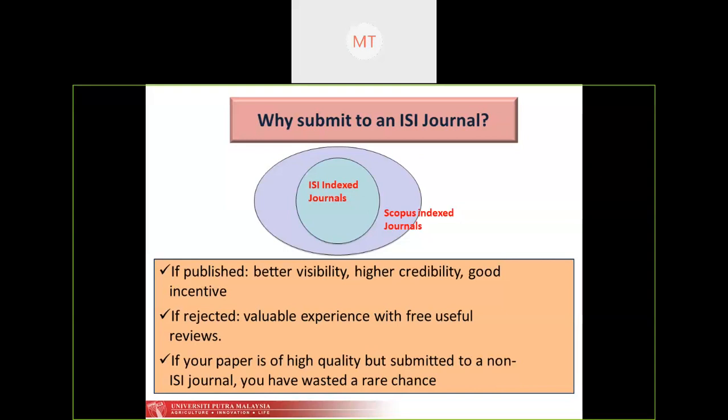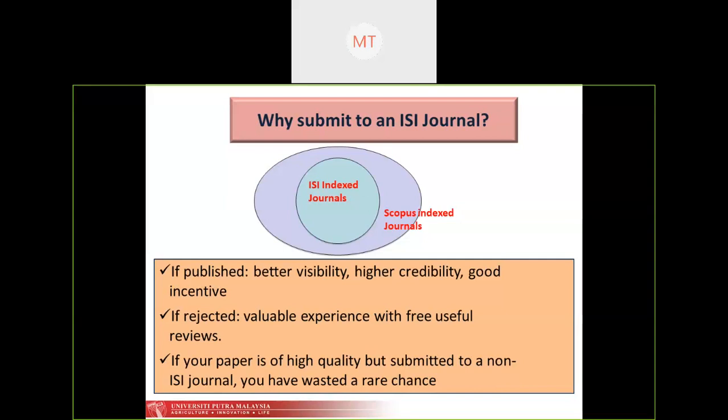Sometimes some universities, if you publish in a Q1 or Q2 journal, will provide you with a good incentive as a token of appreciation for researchers who publish their manuscript or their work in a highly reputed journal, a high impact factor journal or a high quartile journal.